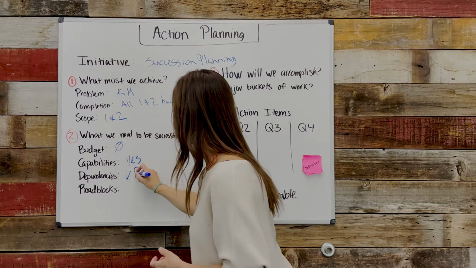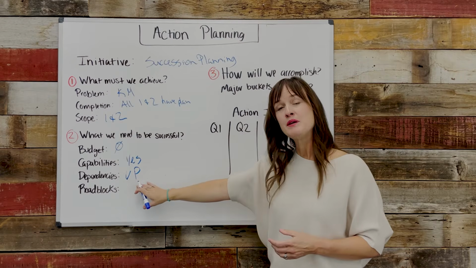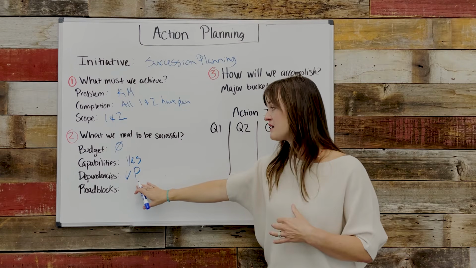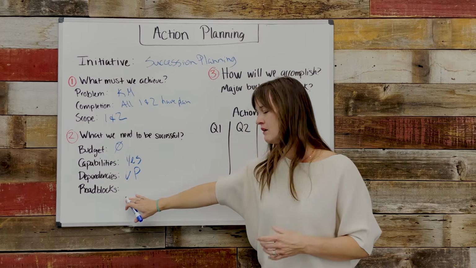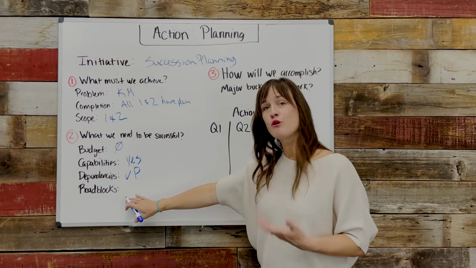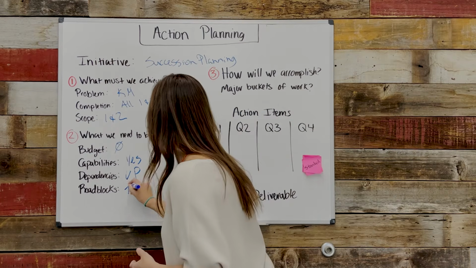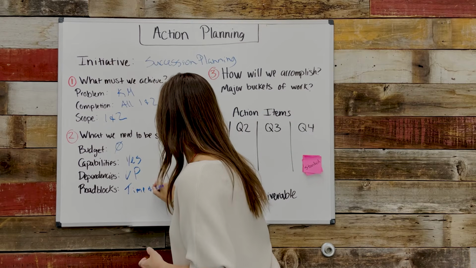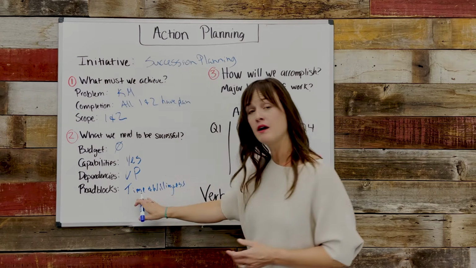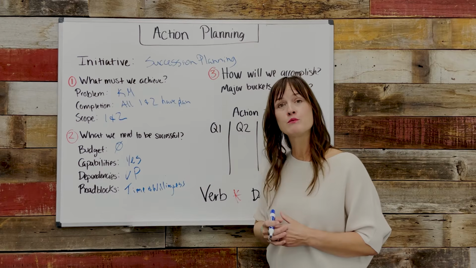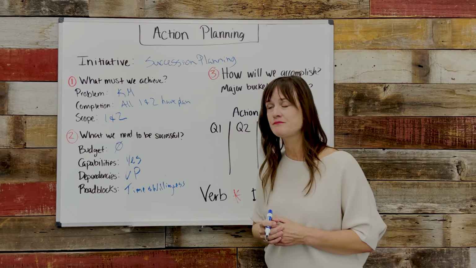Let's just say they're VPs. We have dependencies on the VPs coordinating and cooperating with us to build succession plans. And what might some roadblocks be? Really great question, right? Roadblocks might be the time of those VPs and, honestly, willingness. So let's agree that maybe this is not a top priority. That might be a roadblock to completing the initiative.